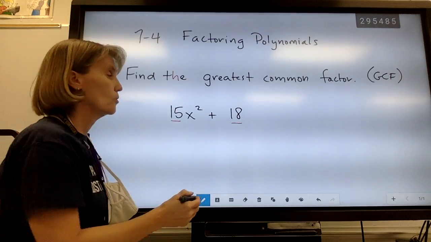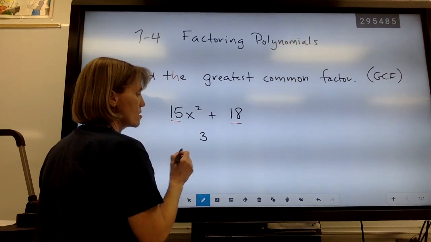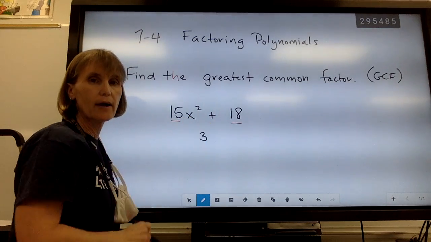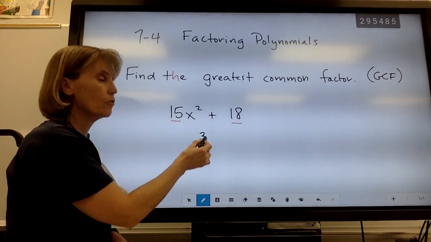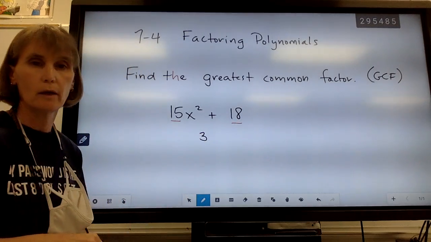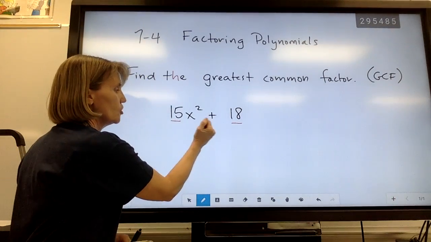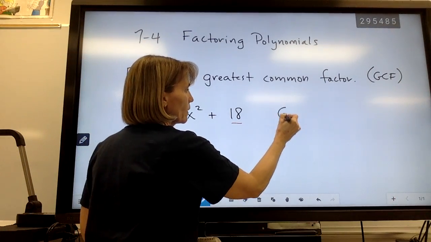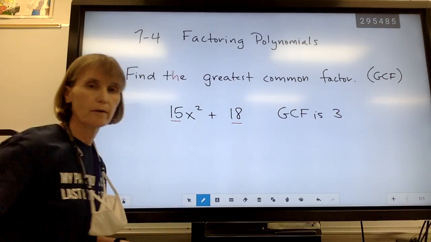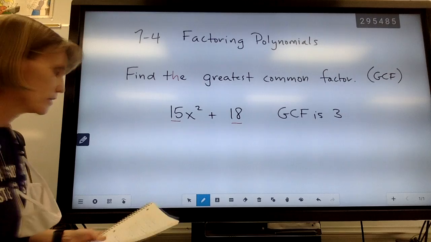That's a 3. Do they have an x squared in common? Would x divide into both of those? And the answer is no. This has an x squared. This does not, so only 3 is going to divide into that. So the GCF of this is just 3. That's the largest value that divides in.